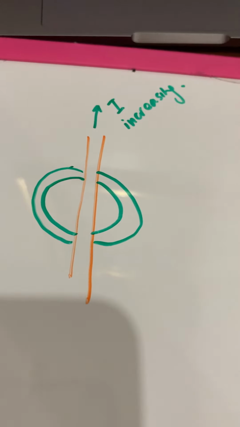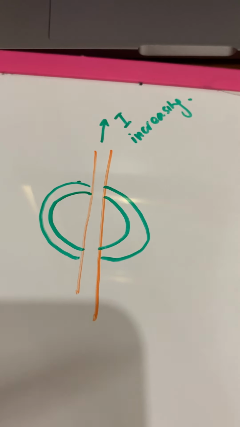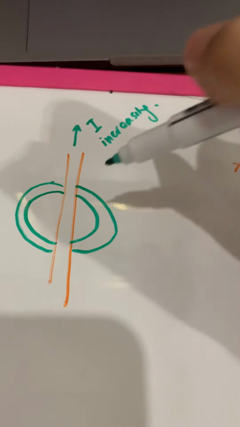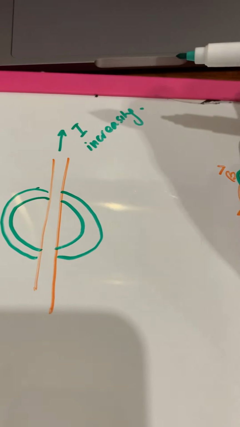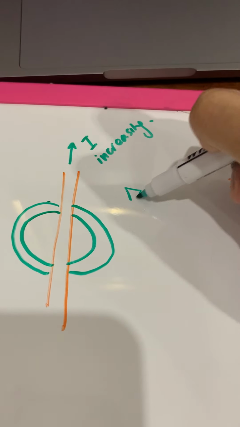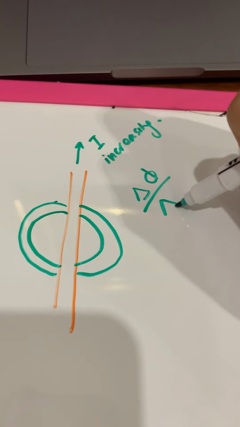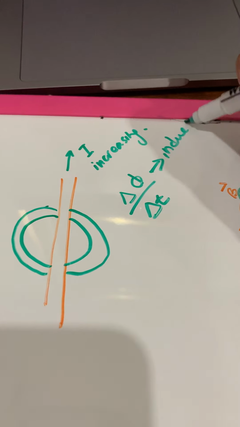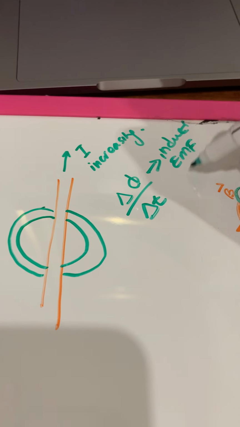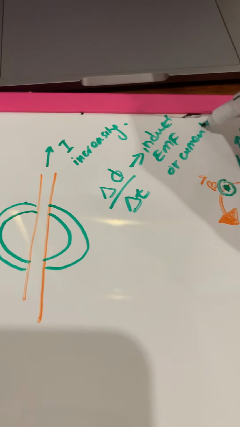Now what happens when we have a situation where our I increases? When our I increases, our magnetic field also increases, which means that we will get the rate of change in flux, which gives us induced EMF or current. Right?